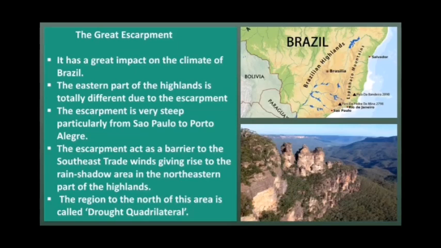So that is why it forms a rain shadow area. It doesn't receive proper rain because of this. So this region towards the north, where it doesn't get rainfall, is called the drought quadrilateral. I'll repeat it again. It is called the drought quadrilateral.